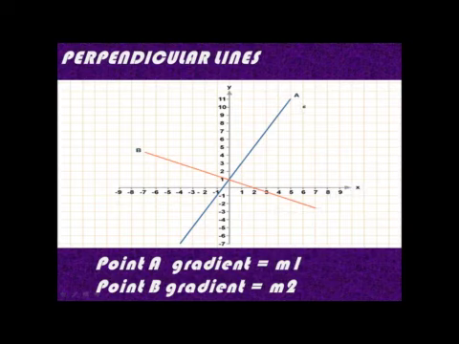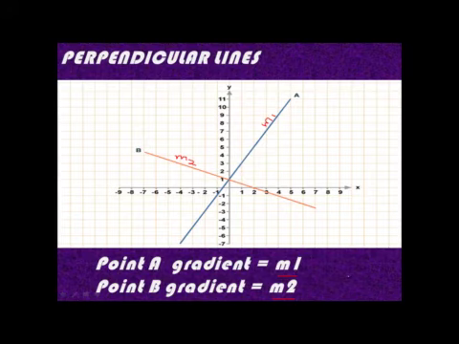So that's line A and line B, and that's M1 and M2. Line A has the gradient M1 and line B has the gradient M2. These two lines have their own gradients, and we are denoting them as M1 and M2.